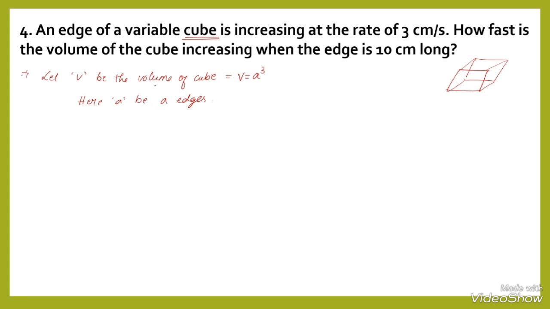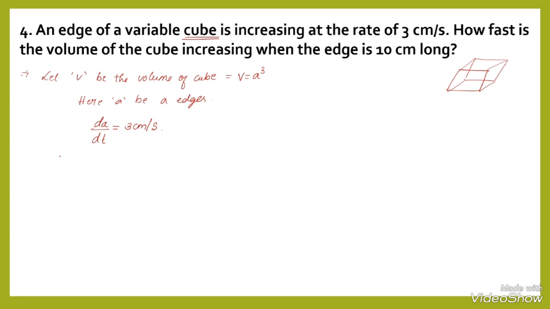Now, the edge of the variable cube is increasing, so the edge will vary. The rate of change of the edge with respect to time, dA by dt, equals 3 centimeter per second. They have given this much only.